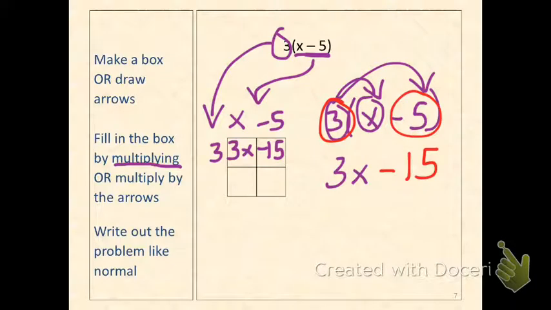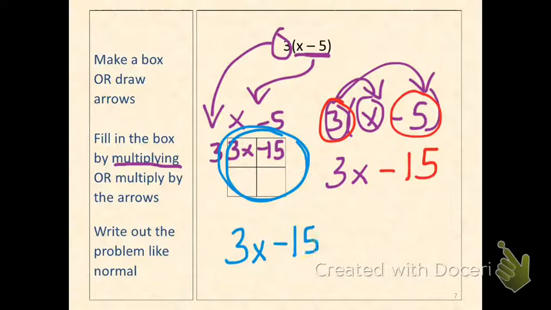So I take whatever is inside of this box, and I just write it out. So it's going to be 3x minus 15, and as you can see, this part is already written out as 3x minus 15, and there we go. That's our answer. It is now simplified. There's no multiplication, there's no parentheses, all of that's gone.